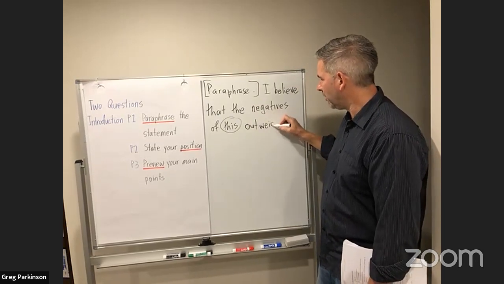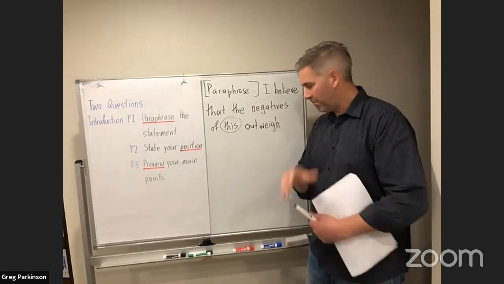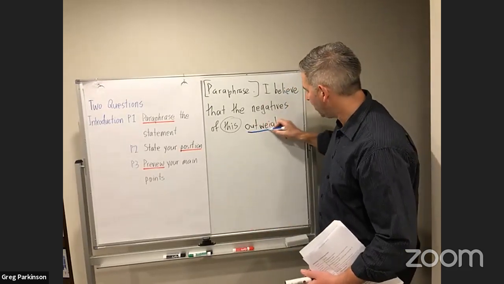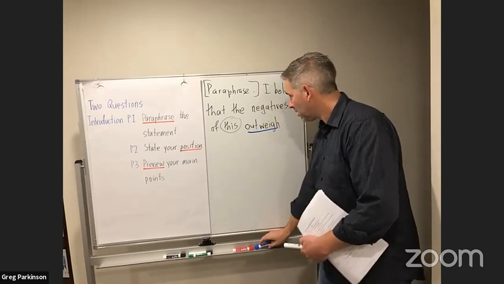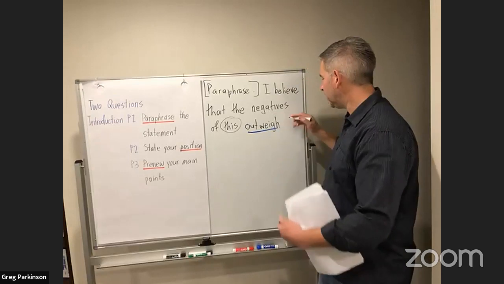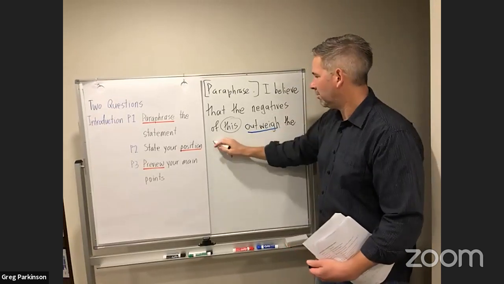now this is the key word that I hope you can remember. And if you remembered it from last time, that's great. Outweigh. So obviously what I'm doing is I'm using synonyms for advantages and disadvantages, the positives.